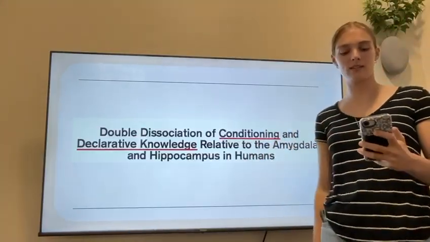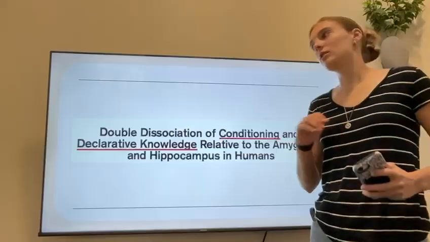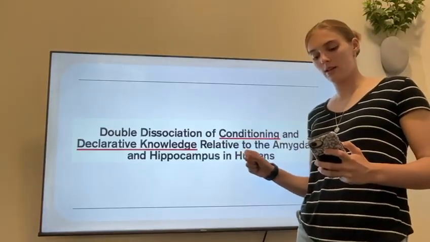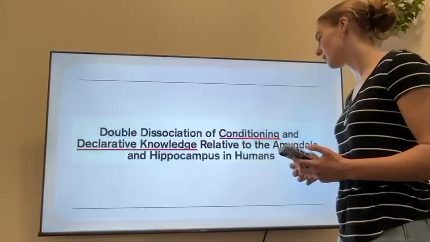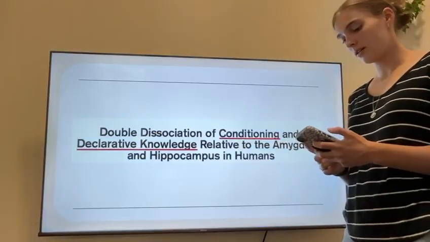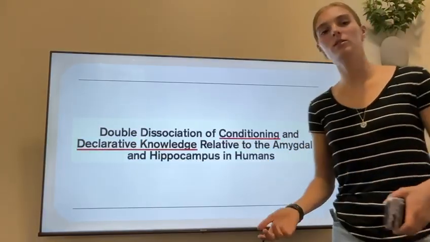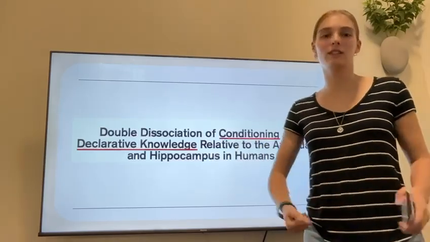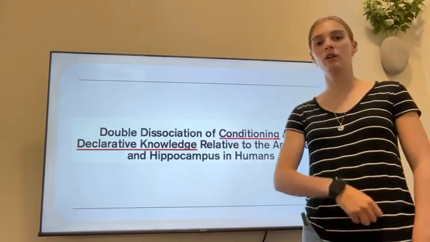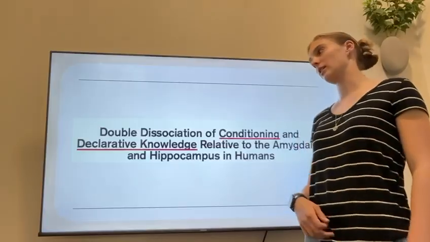And then what is declarative knowledge or declarative memory? It's facts. It's something you can articulate to someone else, recalling an event, which is particularly relevant to the study. This is different from procedural knowledge, which is the muscle memory of like tying your shoes or how you draw something.